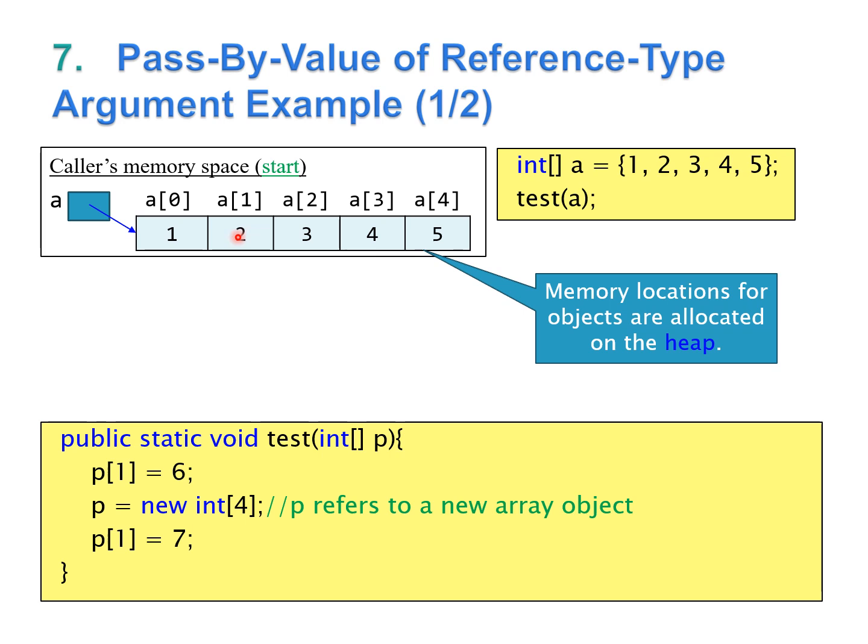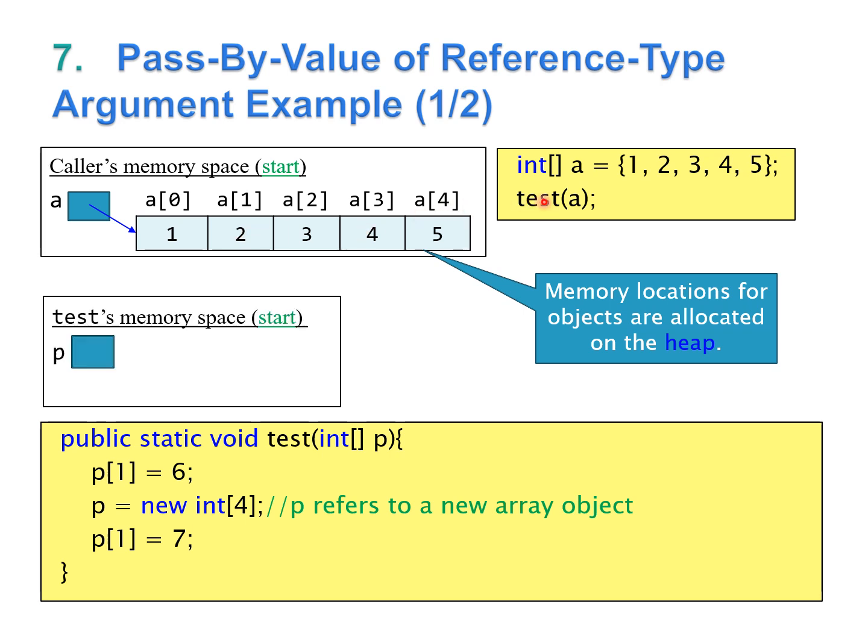When the test method is called, a memory location is allocated to a parameter p in the method test activation record, which is in the memory space of method test. Then the value of argument a is copied from its memory location in the caller to the memory location of parameter p.